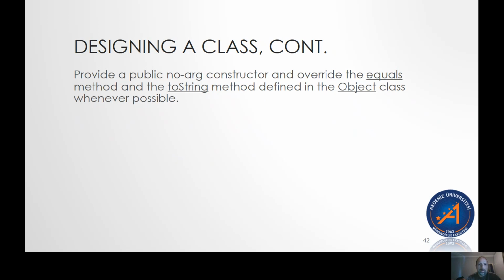Now, whenever you're designing a class, you would want to create a no-argument constructor and override the equals method and the toString method from the Object class. Now, notice that we did not do that. We did not override the equals method for our assignments, but I did have you override the toString method.